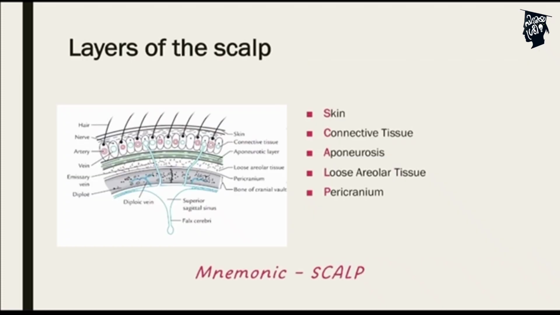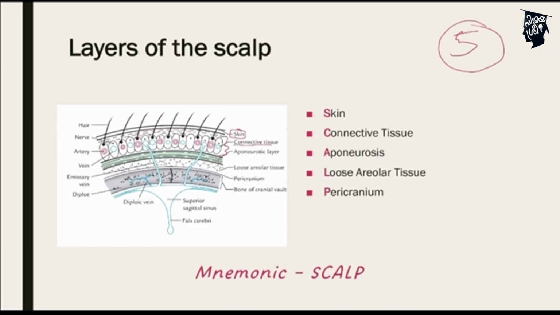Next, we'll be talking about the layers of the scalp. Now, there are a total of 5 layers of the scalp, which can be remembered by an easy mnemonic, the word scalp itself. Now, let's look at this one by one. S stands for skin, which is the first layer of the scalp. The thin layer right over here is the skin. Next, we have C, which stands for connective tissue, the layer right over here.